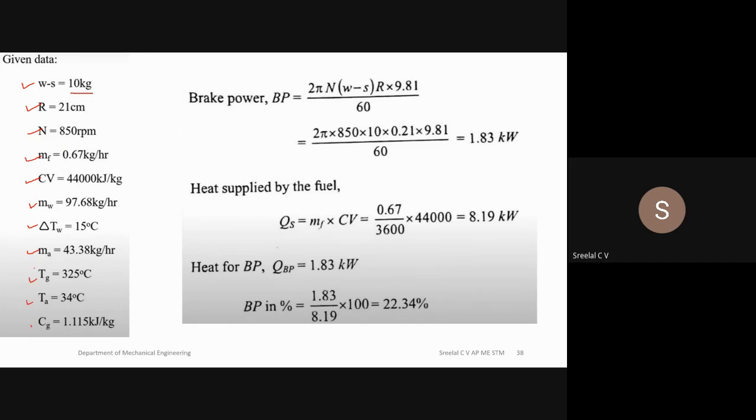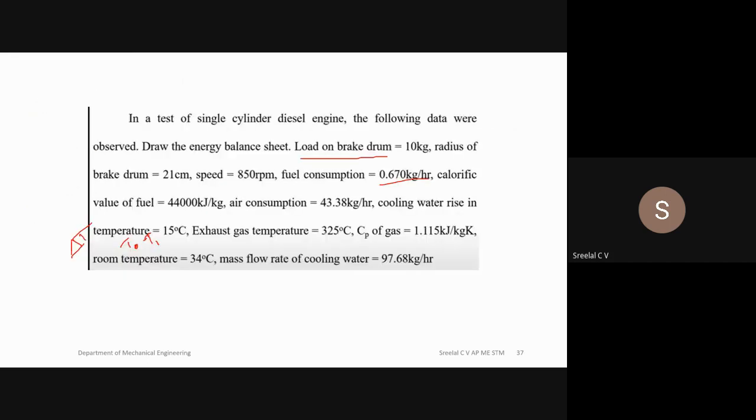So first of all, we can find the heat supplied by the fuel. We can discuss it later. The formula is Qs equal to mass flow rate of fuel into calorific value. Here the mass flow rate, the fuel consumption, is given as 0.670 kilogram per hour.